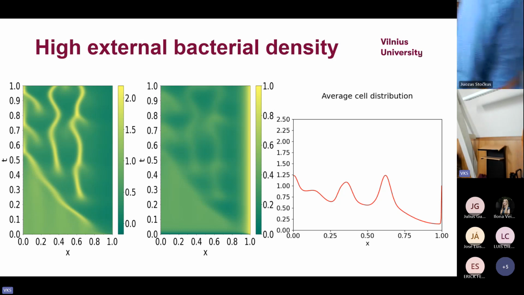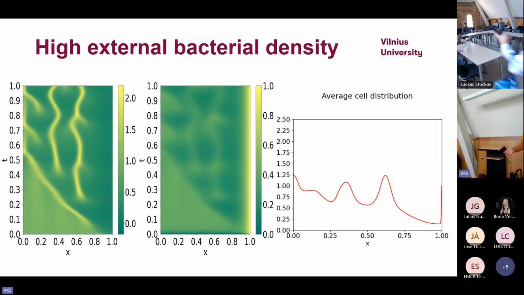And you can see that the bacteria basically avoided that part entirely, that boundary. And in the average cell distribution graph, it can be seen that there is a small point where the value is somewhat normal, that is the value of the boundary condition, and then it suddenly drops, and after some space, it returns to somewhat normal levels.